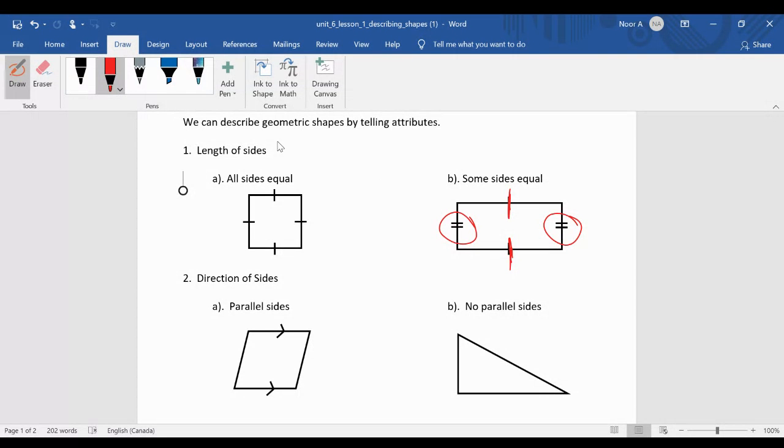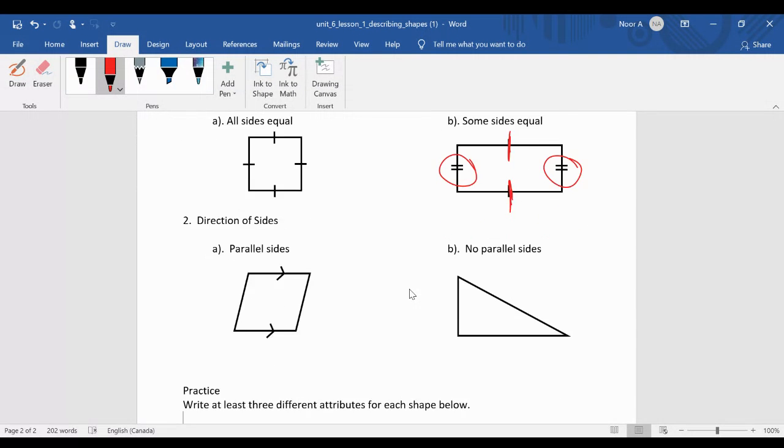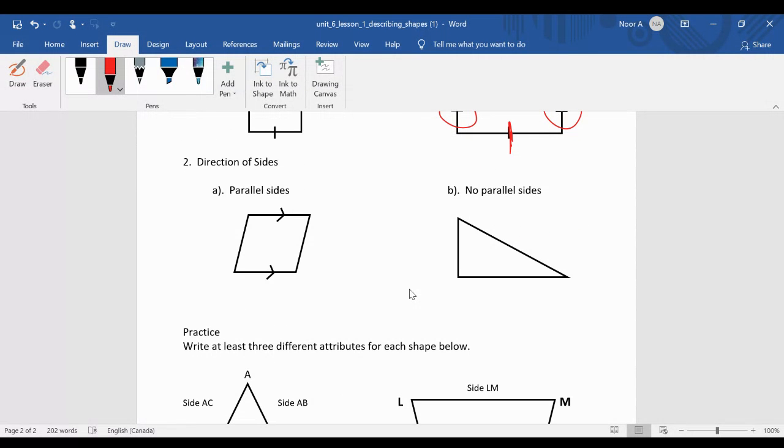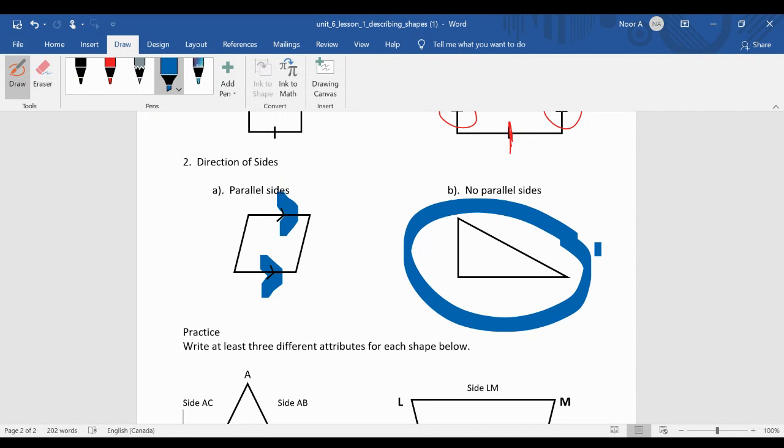Okay, so we can describe a geometry shape by telling the attributes. For the attributes of these, we look at the little signs that we see. When we go down a little bit, we can look at the direction. In here, we have parallel, parallel, because it has those signs, whereas that one here has nothing in it. It doesn't have any parallel, so therefore it doesn't have parallel sides.